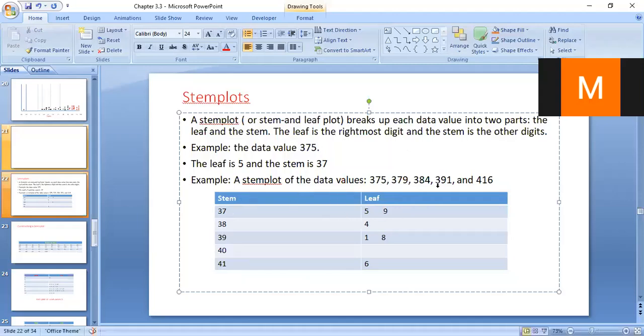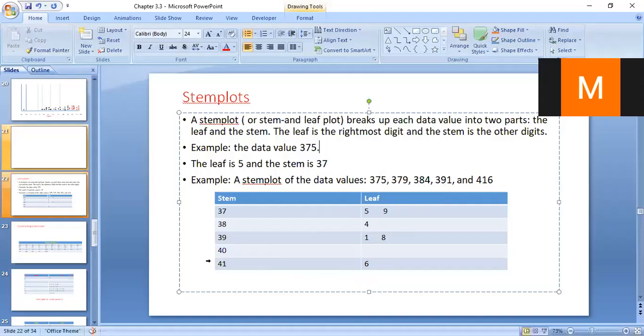When you look on this table, you can read the data values 375, 379, 384, 391, 398. Oh, you don't have this one. 440, 460, right? You look at this one and you can read the numbers.